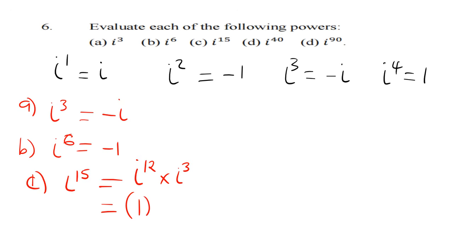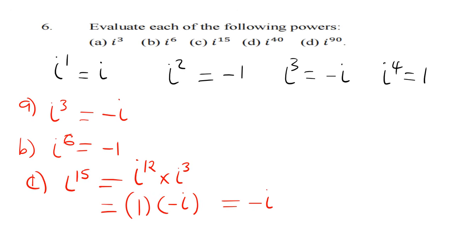Even numbers are going to give you a 1, but you have to be very careful with the odd numbers or the other type of numbers, prime numbers. So here i to the power 3, we said it is -i. Now we're just multiplying, so the final answer will be -i. So that is our C.